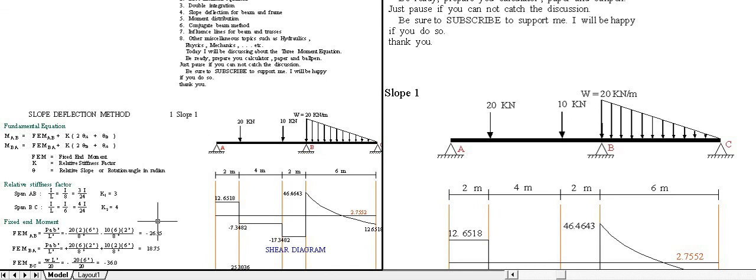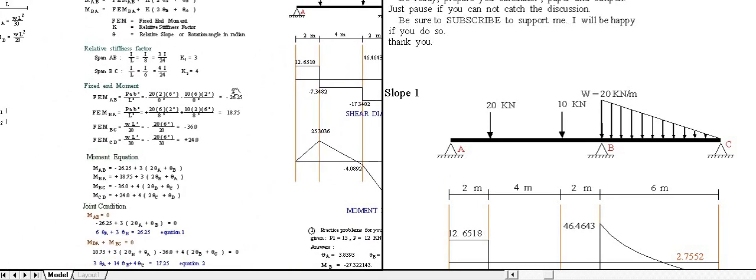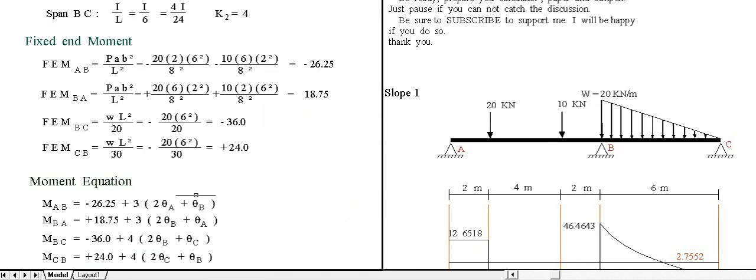Then okay, fixed end moment, the formula is PAB square over L square for AB. So substitute, the first load is minus 20 times 2, then square of this 6, square divided by total span 8.